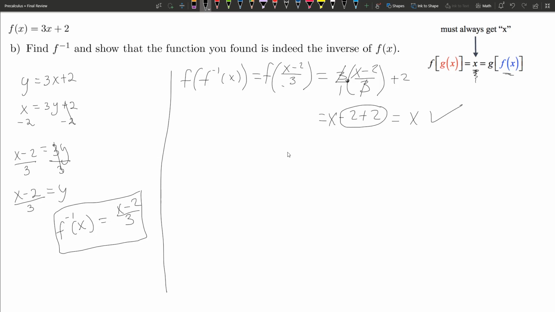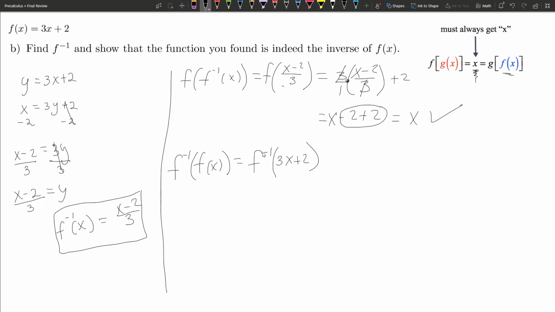Let's do it the other way now. So let's do f inverse of f of x, because remember, that's really my g according to this little formula. So what is f of x? It is 3x plus 2, right?